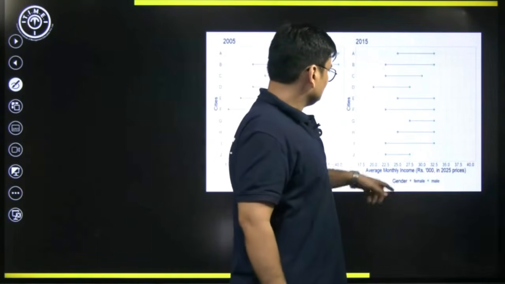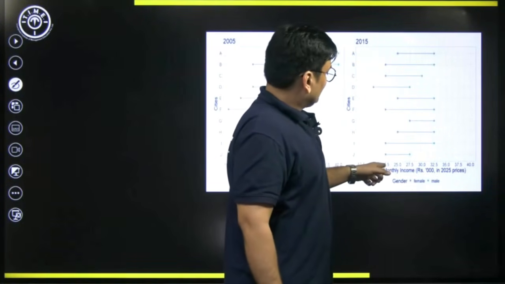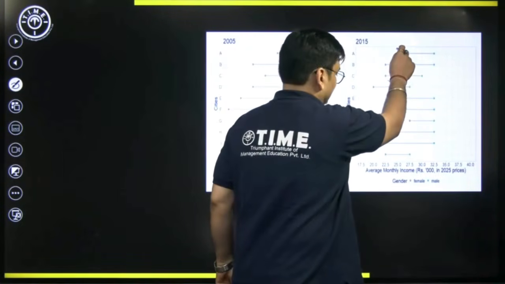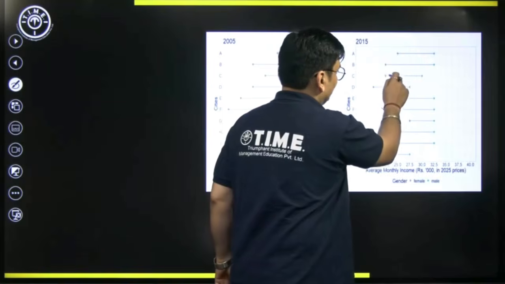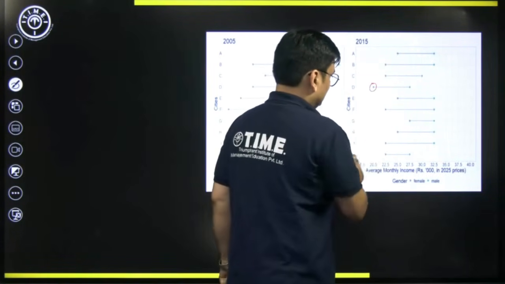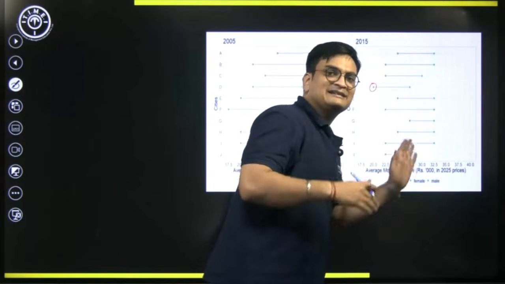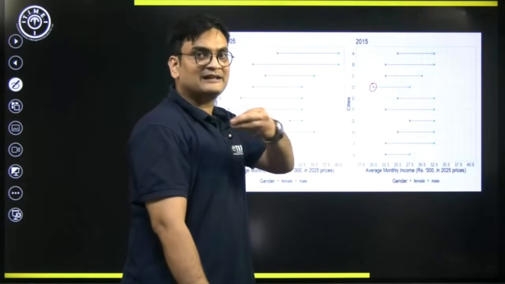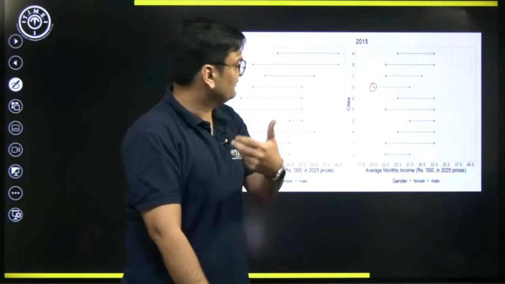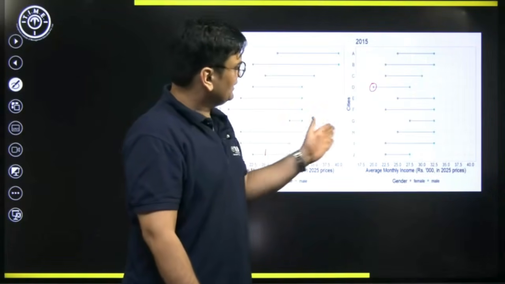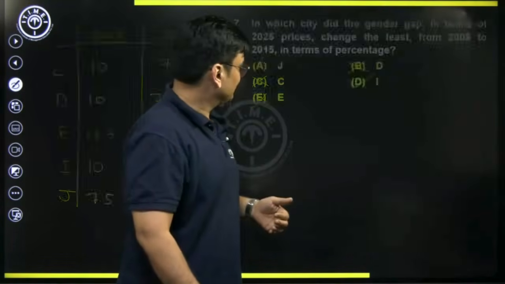Observe, here if you look at the minimum average in any city, here it is 25, here it is 22.5, 22.5, here it is less, if you see it's 20. Rest all are greater than or equal to 22.5, right? Only in one city we have a case where women have average income of less than 22.5, 20,000 to be precise. In all the other cities, it's at least 22.5.